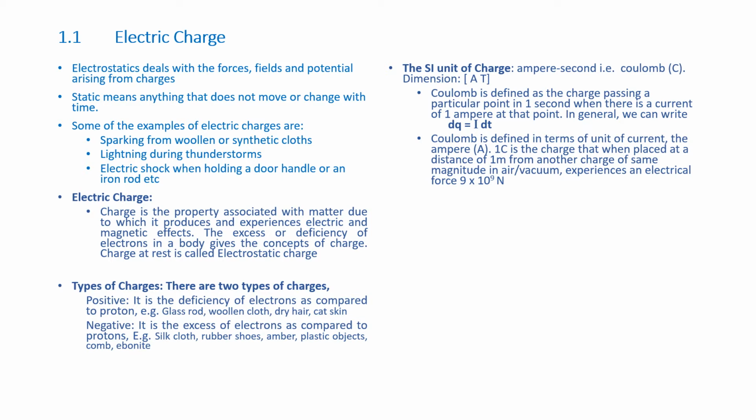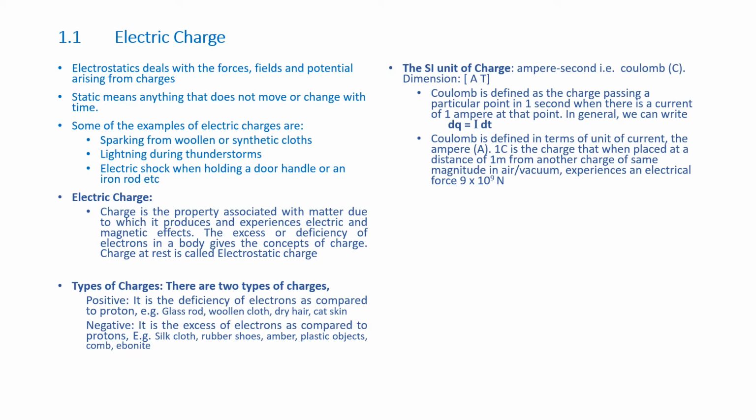Coulomb is also defined in terms of the unit of current, the ampere. 1 coulomb is the charge that, when placed at a distance of 1 meter from another charge of the same magnitude in air or vacuum, experiences an electrical force of 9 into 10 to the power of 9 newtons.